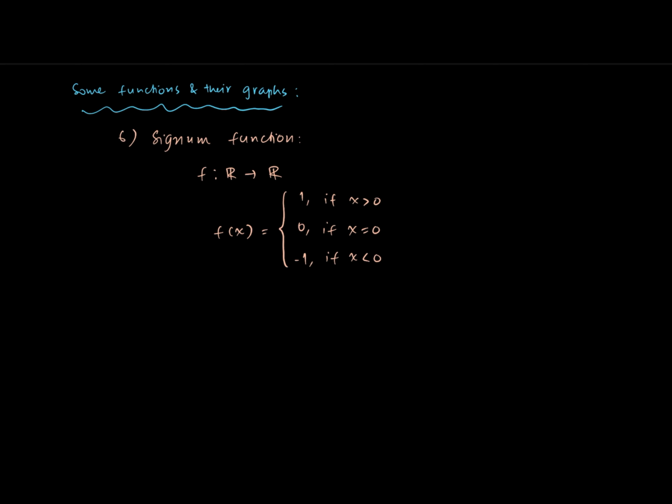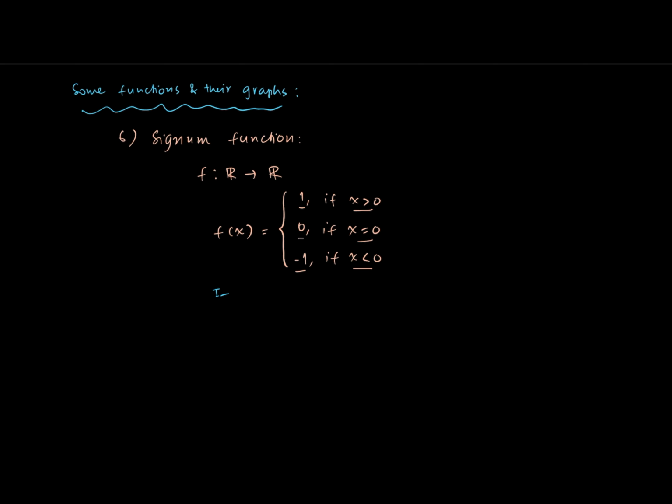Meaning that for any value of x greater than 0, we'll be having value of y always equal to 1. For value of x equal to 0, value of y will be 0. And for any value of x less than 0, the value of y will be negative 1.